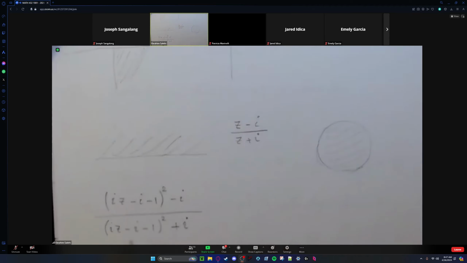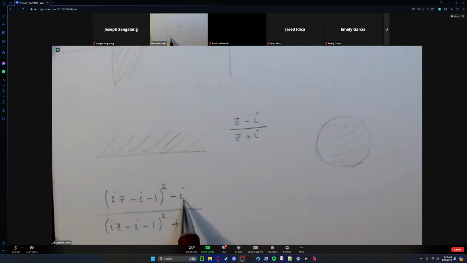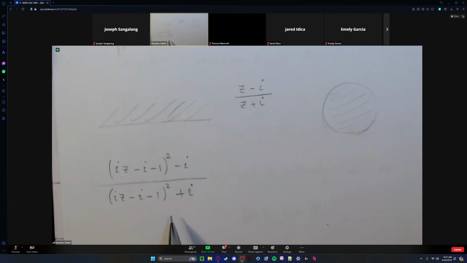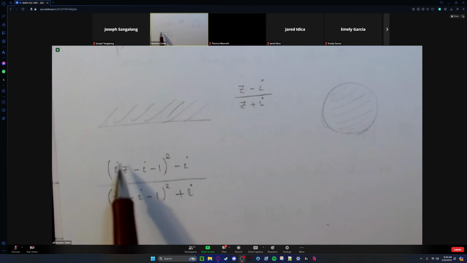So here is what happens. Then you apply this function. The function that maps S onto the unit disk is this one.